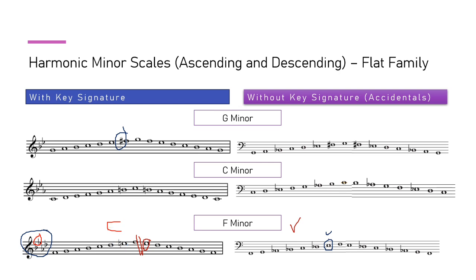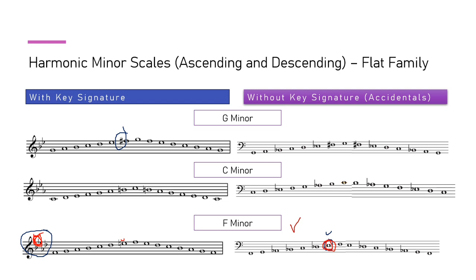Because we cannot remove the flat from the key signature, we have to add a natural sign here to show that we are neutralizing the impact of this flat. But here, the E flat that was there originally is just attached to this note.